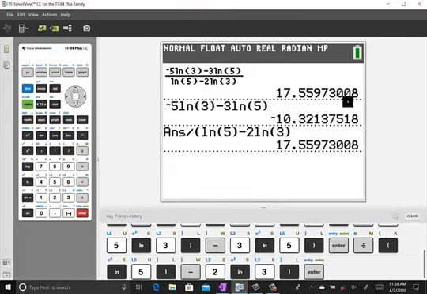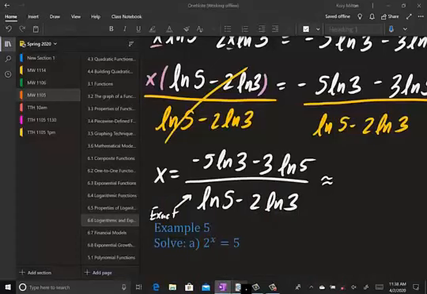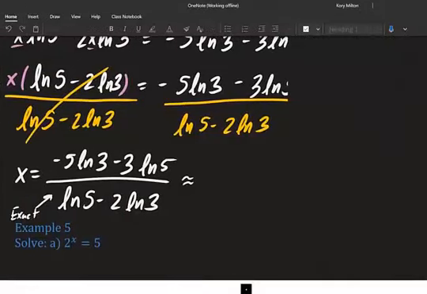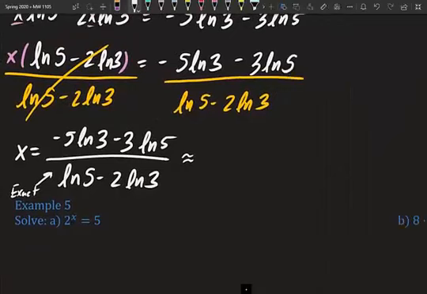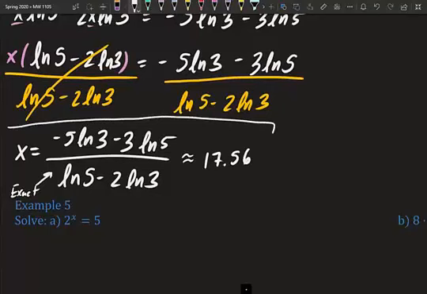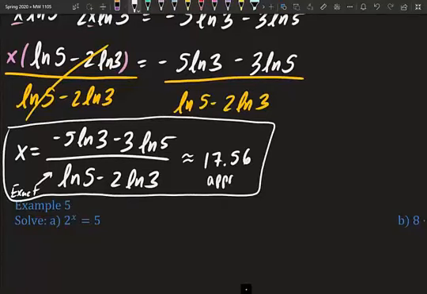And see how we get the same exact answer. All right, so we have our approximate solution of 17.56. That's our approximate.